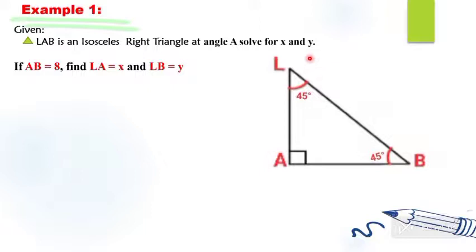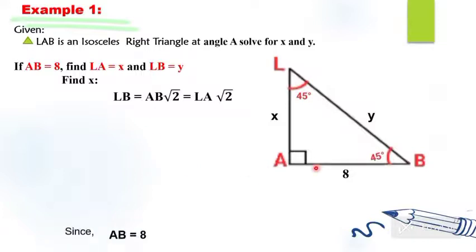Given this figure, the statement says that if AB is equal to 8, find LA, which is x, and LB, which is y. Since we have proved that the theorem is correct in all isosceles right triangles, we know that LB is equal to AB square root of 2, equal to LA square root of 2.